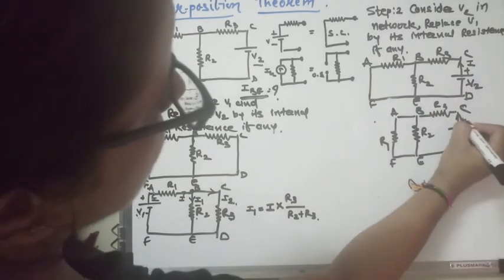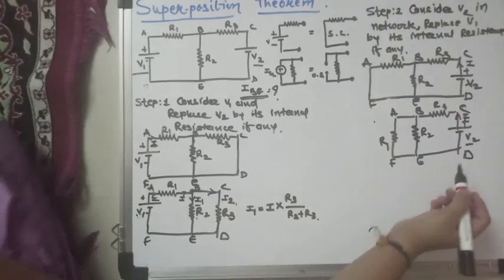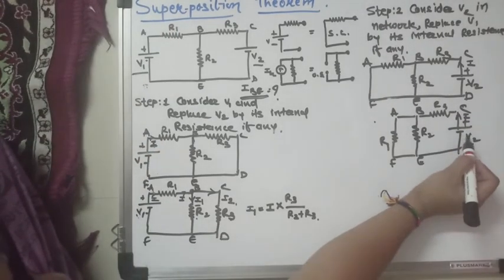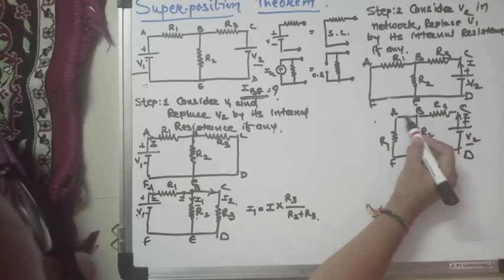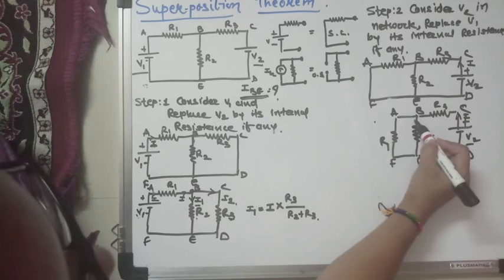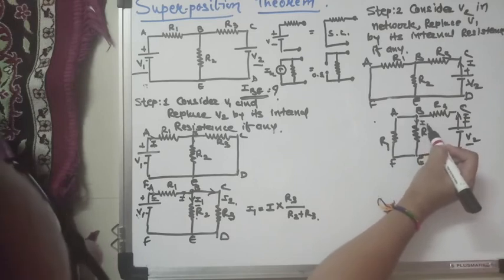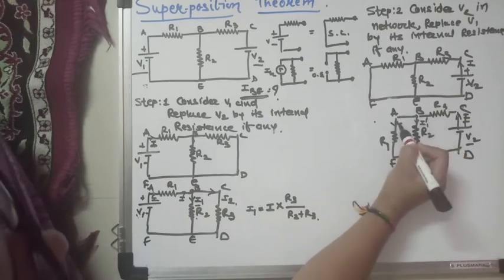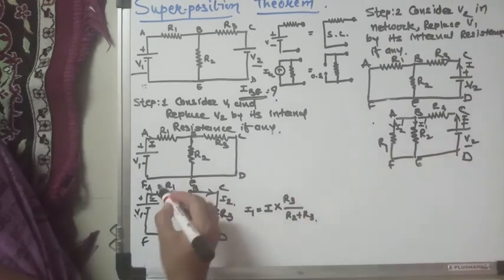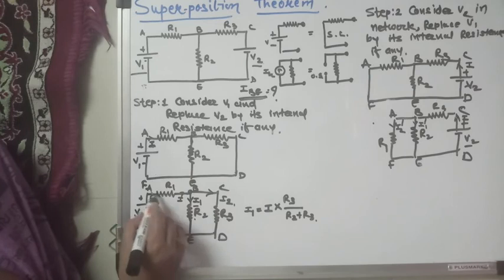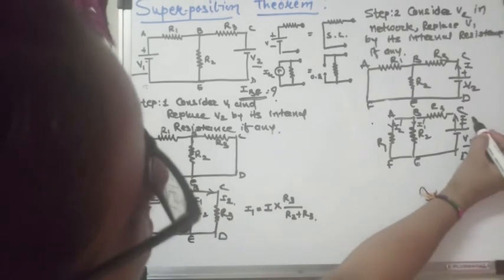Now I, that is the current supplied by the source V2, is also divided into two branches at node B. So you can say here I1 dash and here I2 dash. To differentiate the names, since we gave the total current the name I earlier, you can call it I dash.